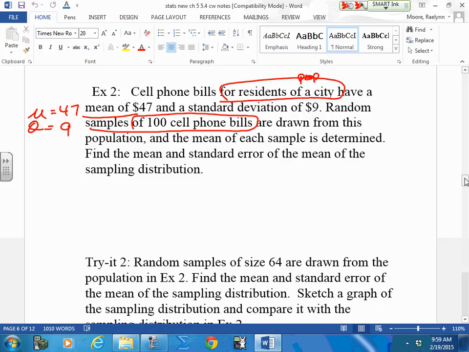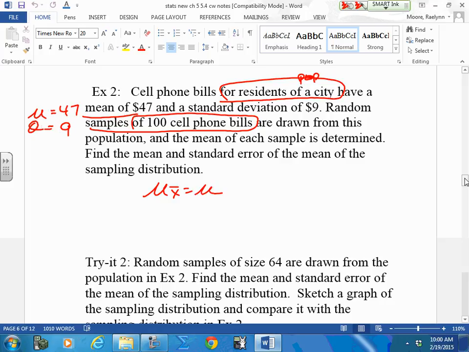They don't tell us how many samples, they just tell us the sample size. So from a city, they're generating 100 people at a time to find that mean. They take one average of all those sample means, and that mean will be exactly the same as your population mean.